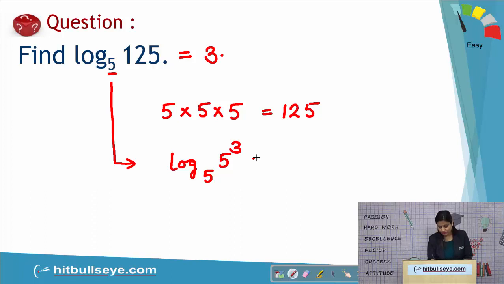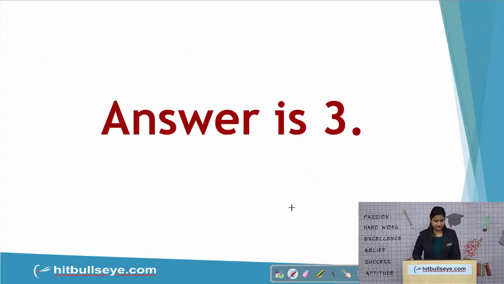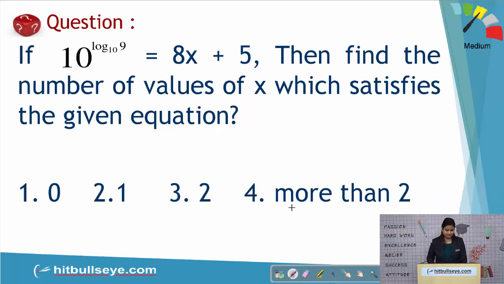As you know, this is 5 cube. By the power formula, it can be written as 3 log 5 with base 5. Further, this can be written as 3 with the same reason. So what will be the answer for this question? It will be 3.